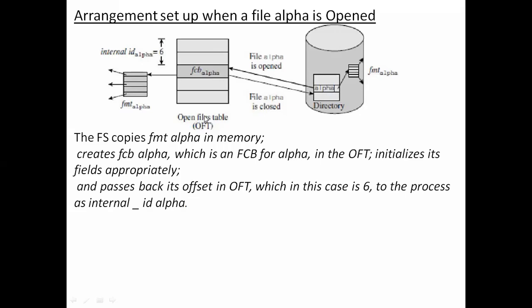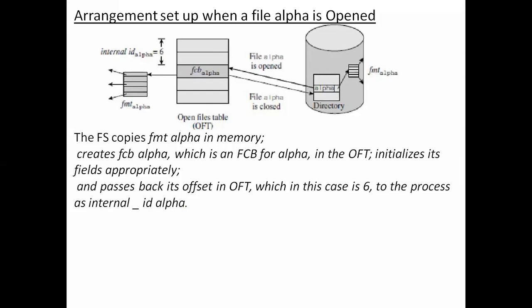So when a file is opened, the file system stores its file control block, FCB, in a new entry of the open file table. Again, recall that the OFT, open file table, stores information about the files which have been opened, as we discussed in the previous slide.